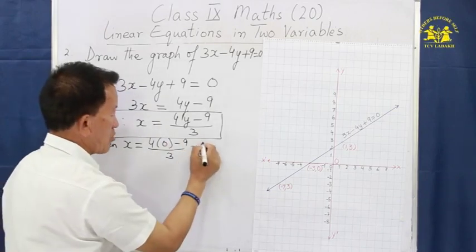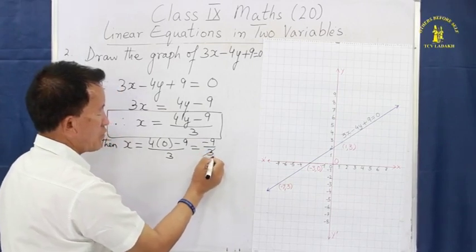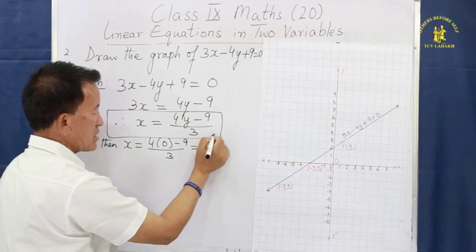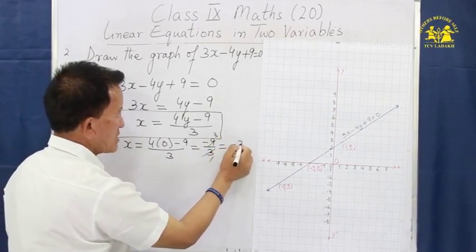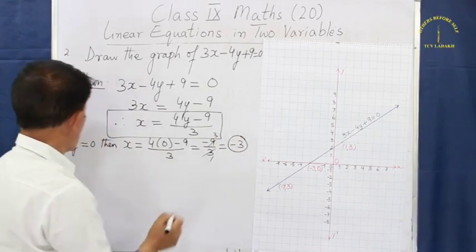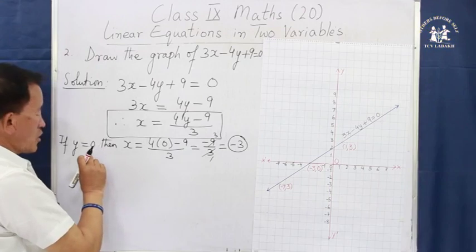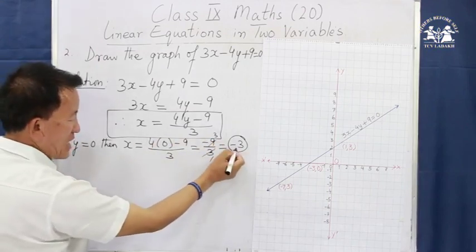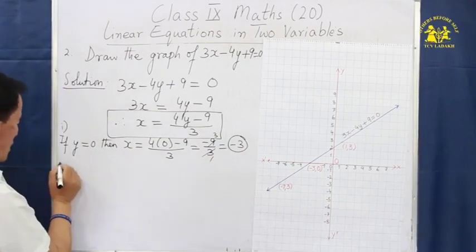So this is equal to minus 9 upon 3. If you cancel out the common factor, 3 threes are 9, so this will be equal to minus 3. So the first solution is minus 3, 0.